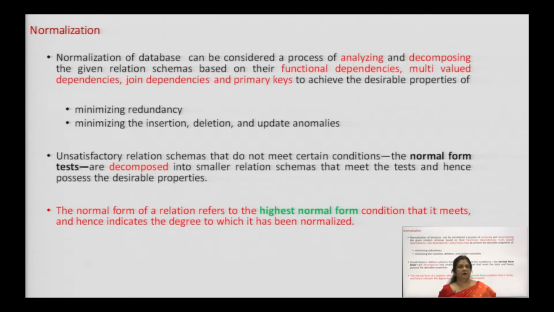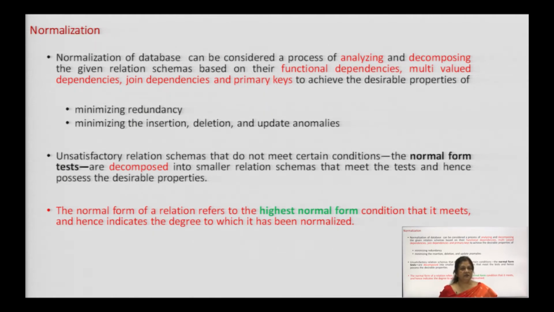So, we said normalization is the process of analyzing and decomposing the given relation schema based on the functional dependencies, multi-valued dependencies, join dependencies, and the primary key to achieve the desirable properties of minimum redundancy and minimizing the insertion, deletion, and update anomalies.